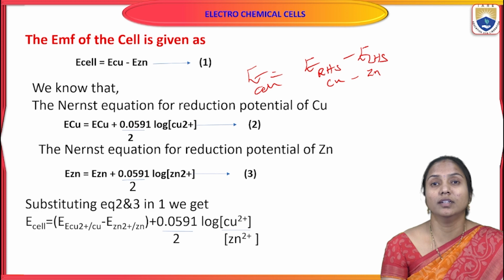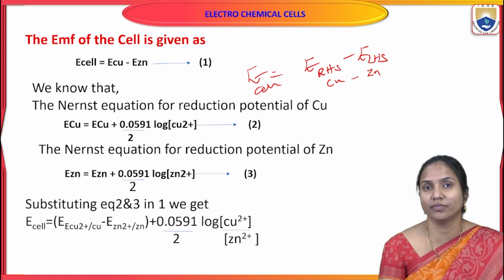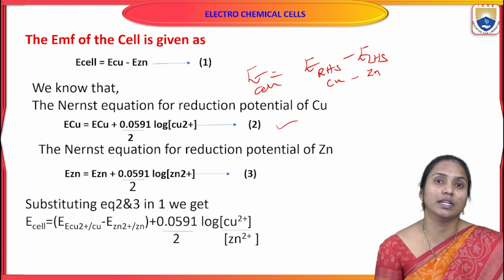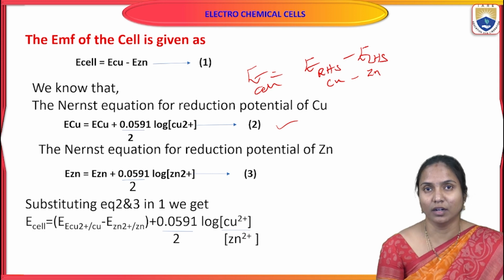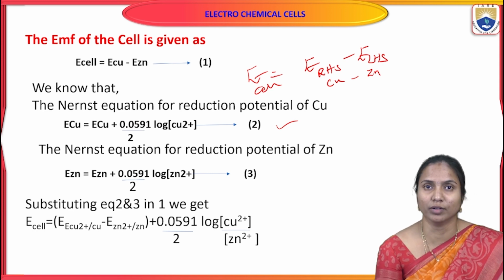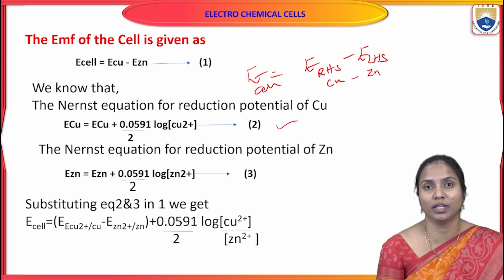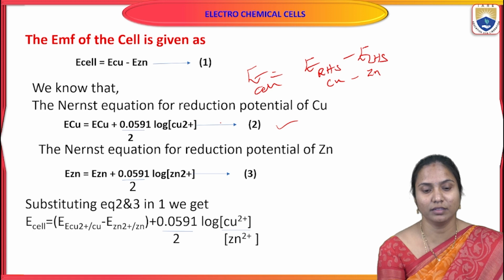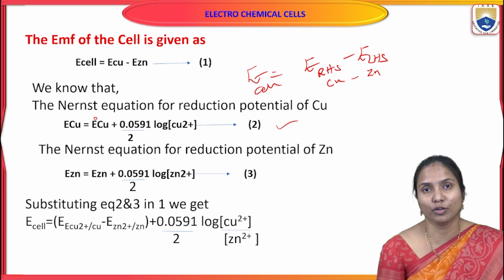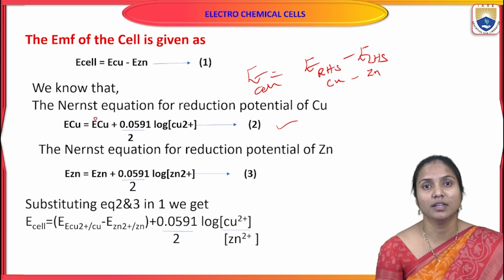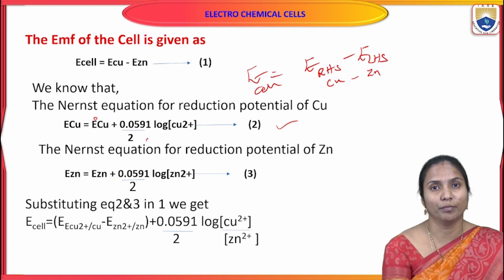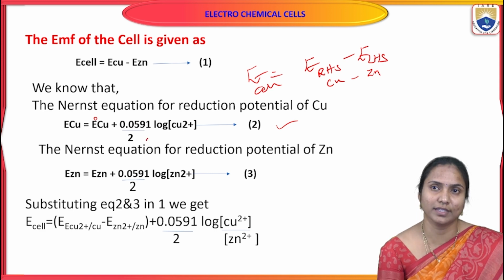Already we know the Nernst equation for reduction potential of copper, where E means single electrode potential. So what is the Nernst equation for the reduction potential of copper? E Cu equals E naught Cu, the standard electrode potential value of copper, plus 0.0591 by 2 log Cu2+ ions. This is equation number 2.